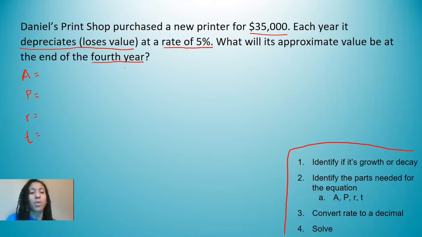So we want to know the approximate value, so that's what we don't know. So A will just still be A, right? P will be our initial amount or our starting amount, which is 35,000. Okay, our rate is 5%. And then the time is 4 years. So let's do our setup.